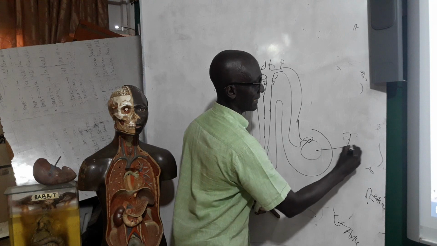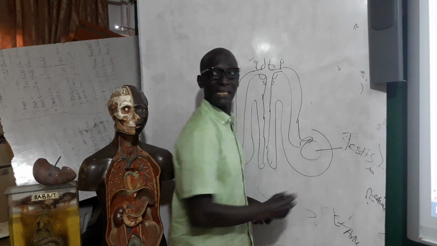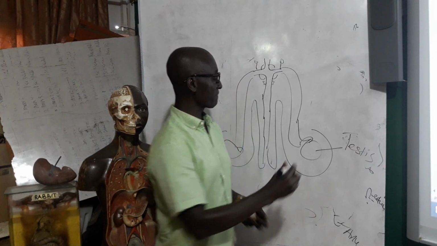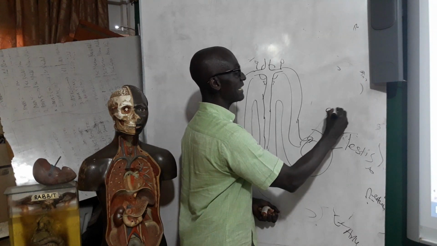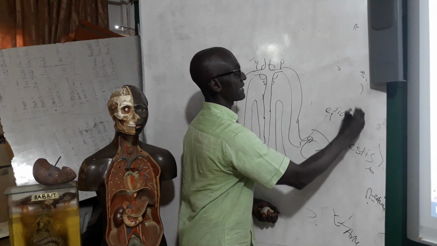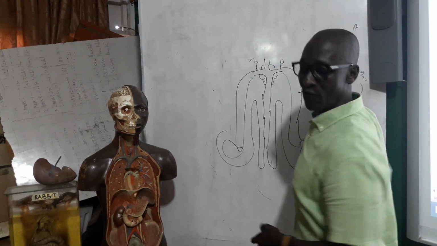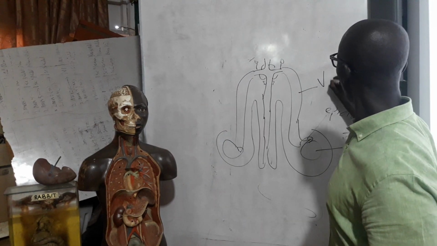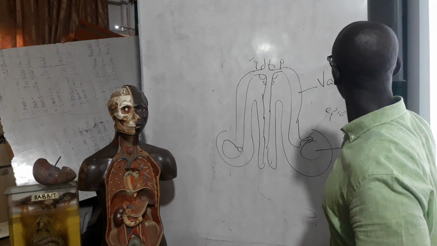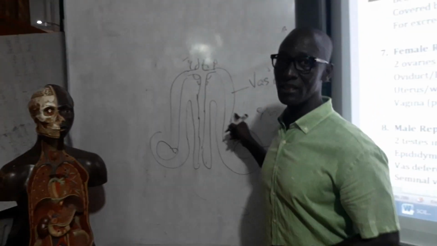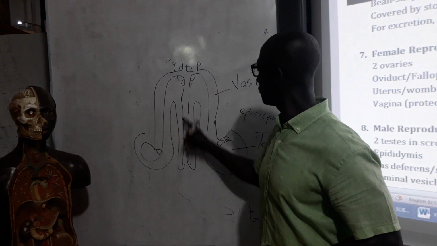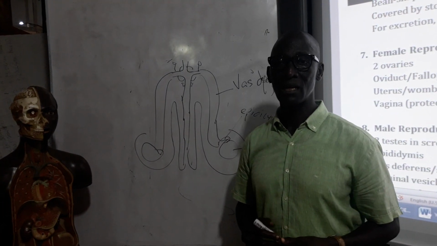The testis. The function I mentioned earlier is the production of sperms to be stored in the epididymis. Epididymis. This is the vas deferens. The vas deferens, or the sperm duct, through which sperm is transported into the urethra.